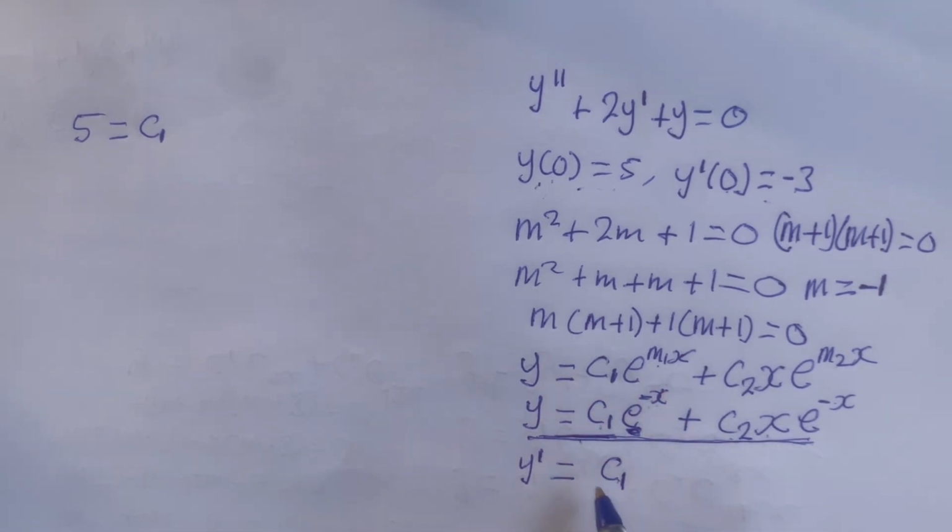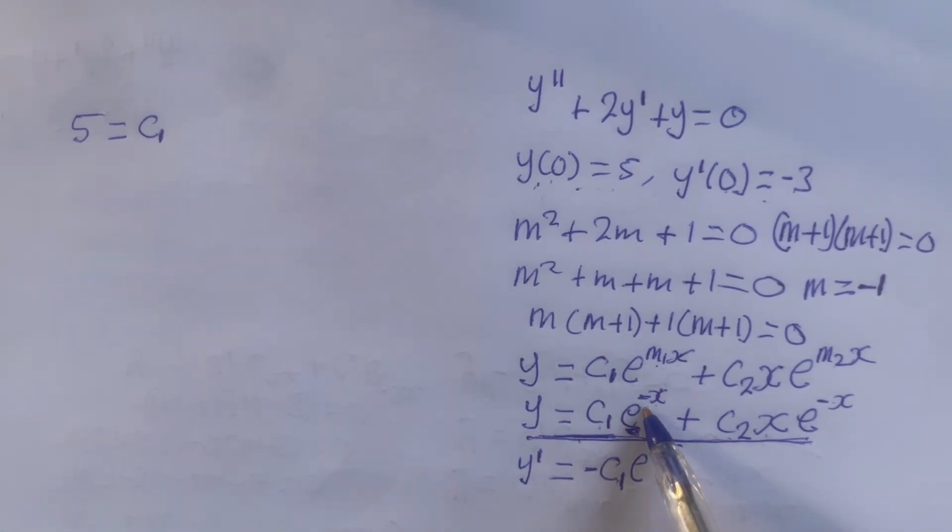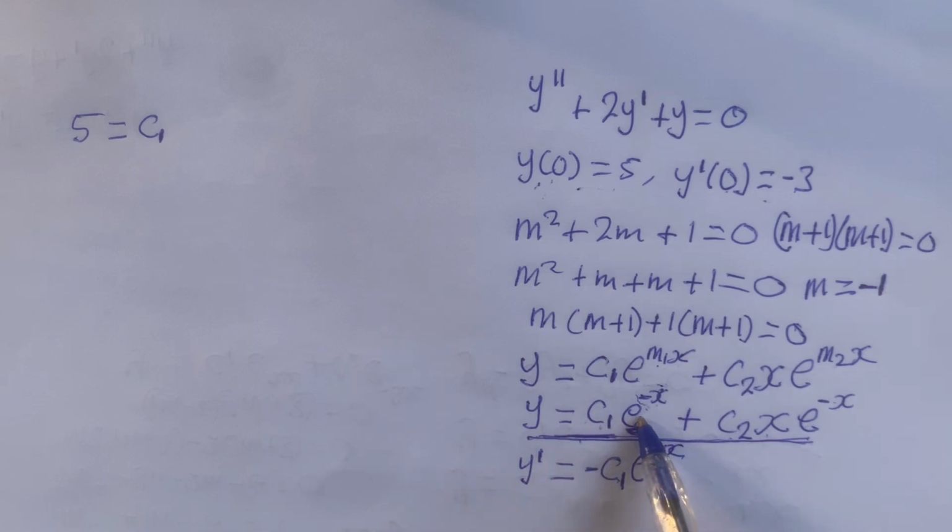So we multiply negative 1 by c1, and then we multiply the result by e power negative x. I hope you've seen how I've done this. Take e power negative x, take the power, which is negative x, differentiate negative x with respect to x, you get negative 1, then multiply it by the original expression to get what we have here.